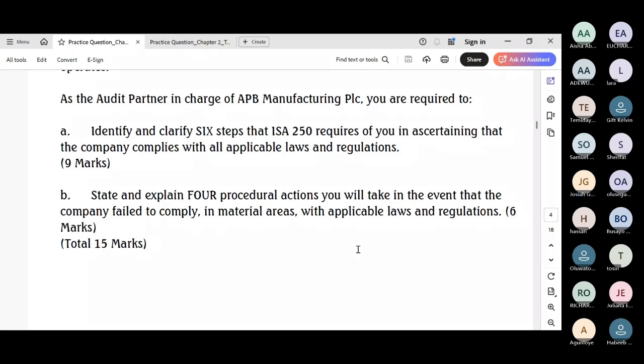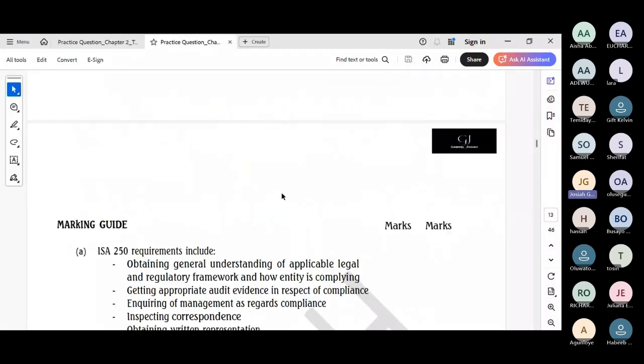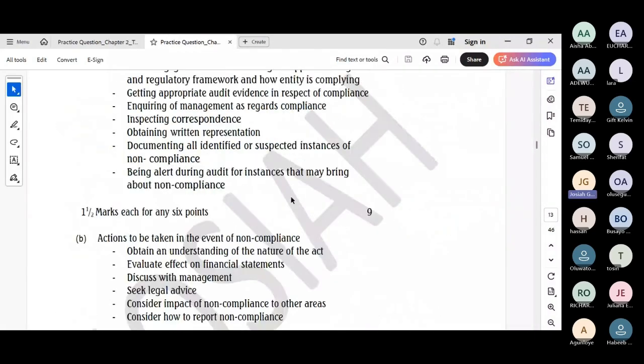All right. So it's also a direct recall on the auditor's response to identified and suspected non-compliance, the same as per ISA 250. So let's see the solution as per ISA 250. So the B part.